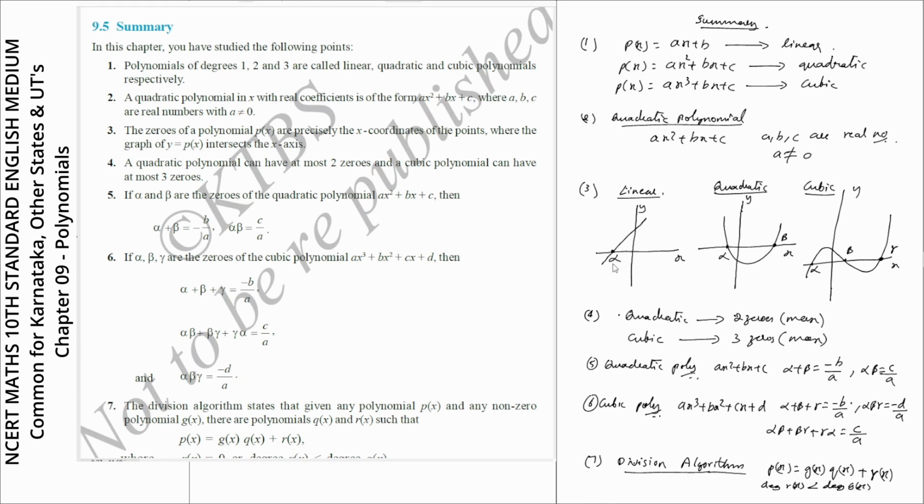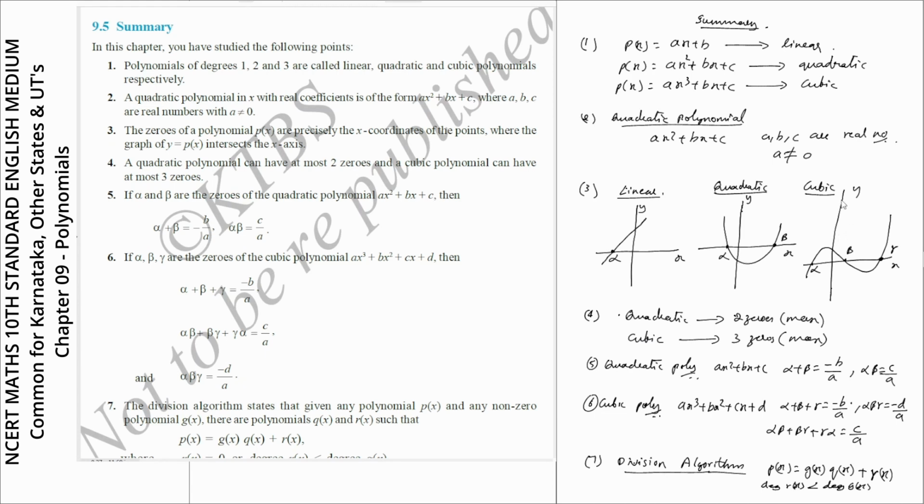It is denoted by alpha. A quadratic polynomial may intersect the x axis at 2 points, say alpha and beta. Not necessarily always at 2 points. Sometimes it may intersect at 1 point, and sometimes it may not intersect at all.